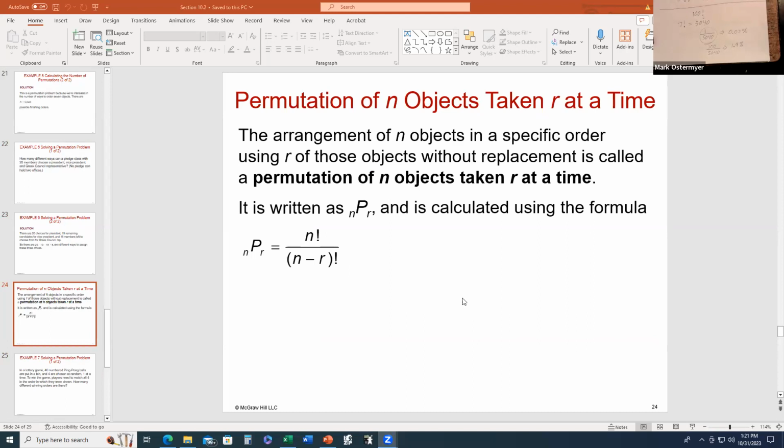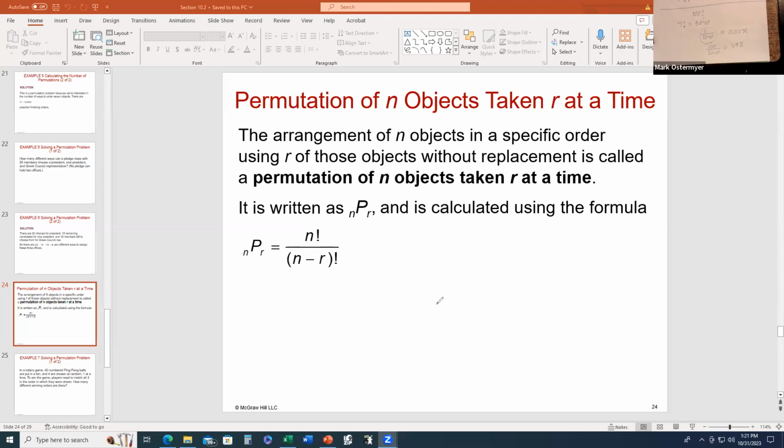Well, ladies and gentlemen, we have a specific formula that can compute a permutation. The arrangement of n distinct objects in a specific order using r of those objects without replacement is called a permutation of n objects taken r at a time. It is written symbolically as nPr.